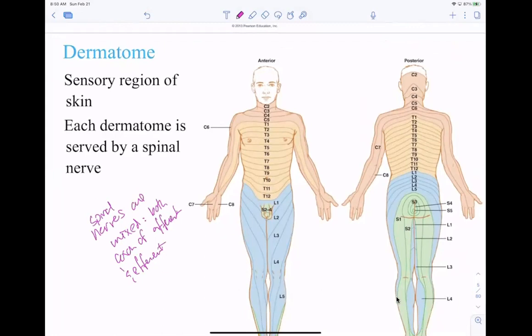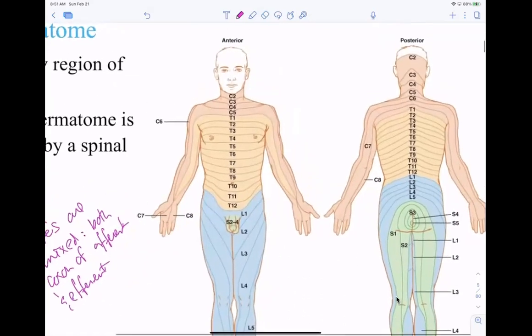And since they're sensory and motor, that means they control muscles in specific areas, and they also bring in sensory information from specific areas. And so we have mapped each spinal nerve in terms of what area you have sensory receptors that are coming in.